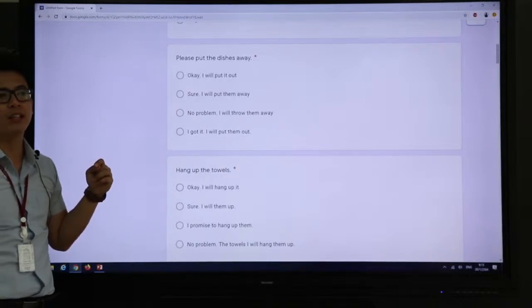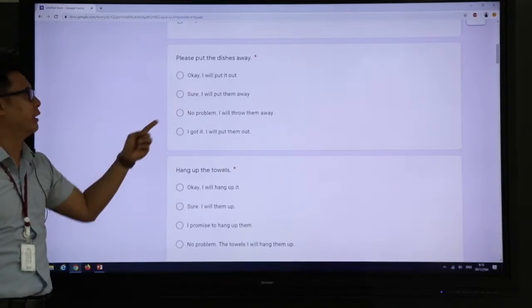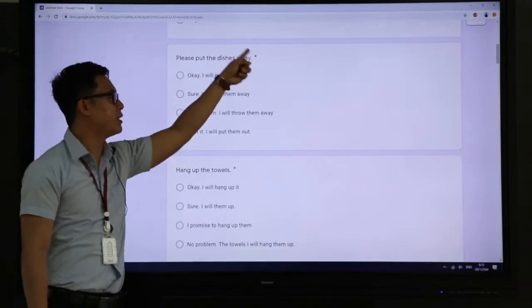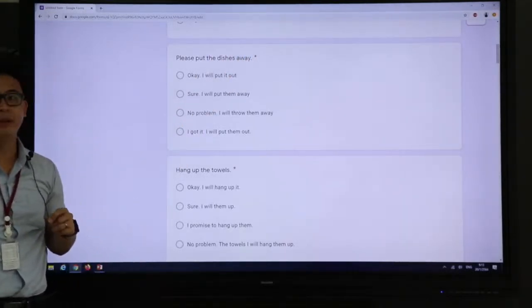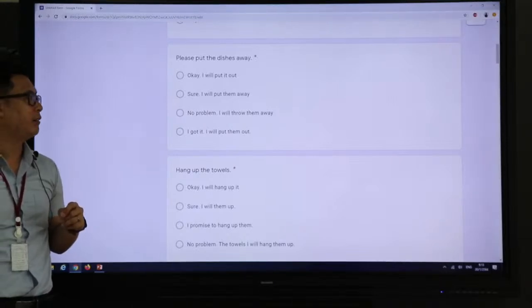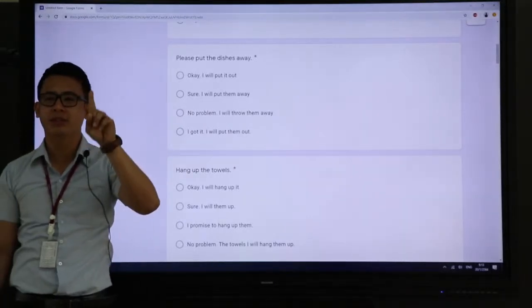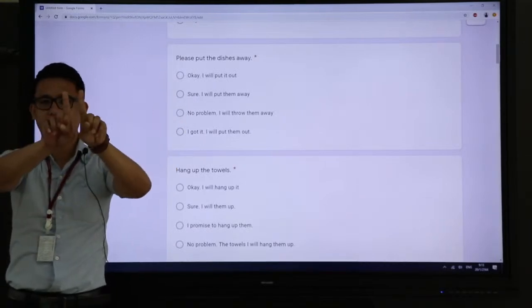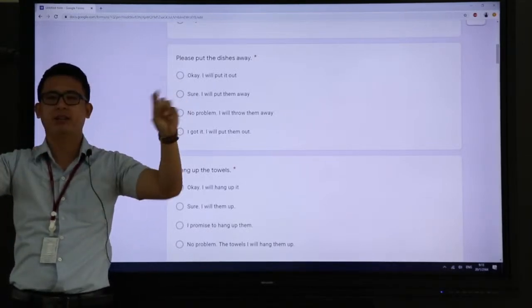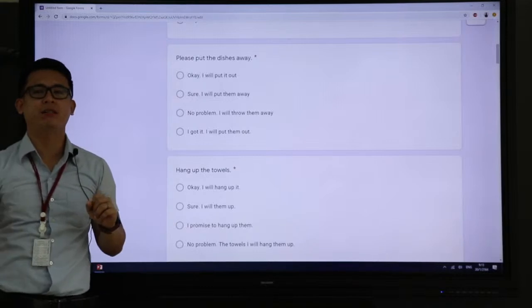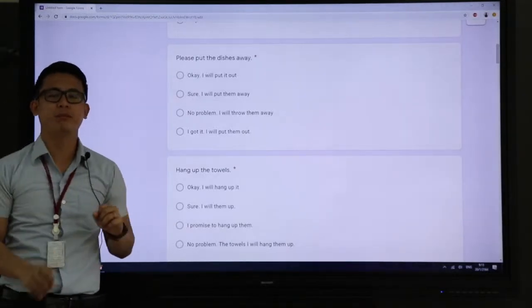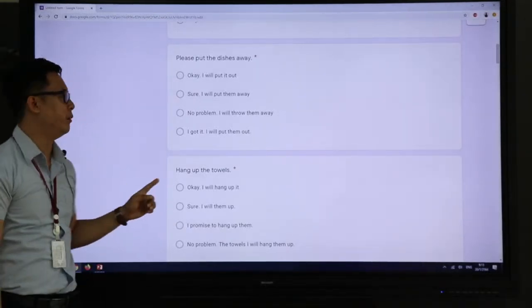Or am I requesting that you will put it out? Okay. So, if it is away, the answer should also be away. And if you use noun, combine, correct? Separate, correct. If you use pronoun, the pronoun will always be in the middle of the phrasal verb.